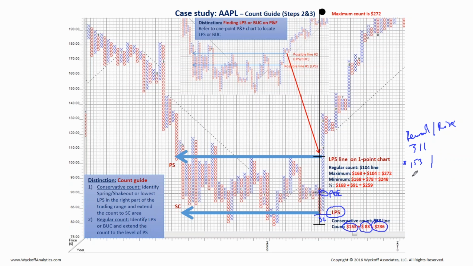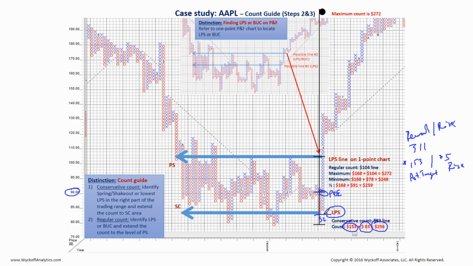And the risk would be the risk from the entry price, excuse me, to the stop. And I'm just putting here an example for this concept. So let's say that we have entered this position at about $90 by recognizing that we are potentially going into phase D. There was some kind of swing reversal right here.